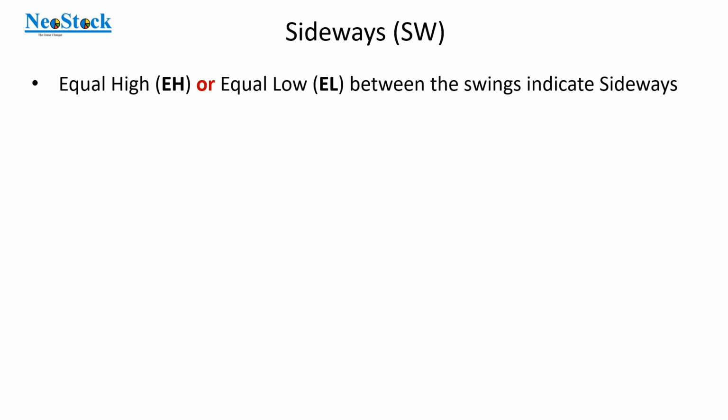A small difference. How much difference we can accept depends on your experience. You have to take a decision. But define a small, narrow range, maybe like 0.1% or 0.2%, not beyond that. Within that difference, if prices are there, treat that as an equal high.